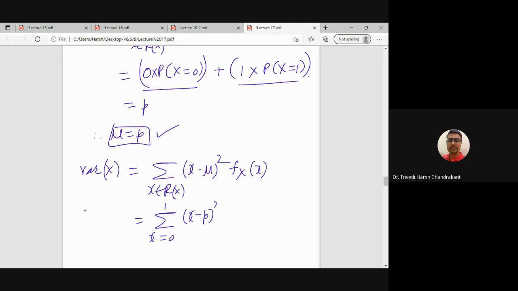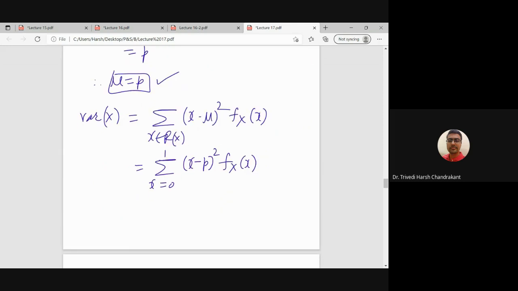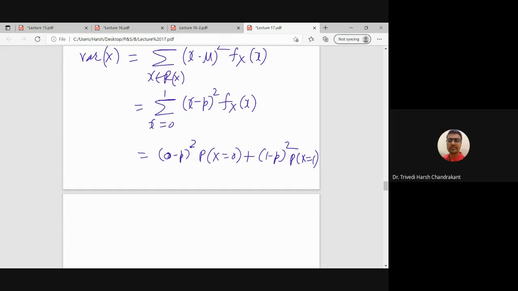So we get (0 minus p) square times probability of x equals 0, plus (1 minus p) square times probability of x equals 1. That turns out to be p square times (1 minus p), plus (1 minus p) square times p.